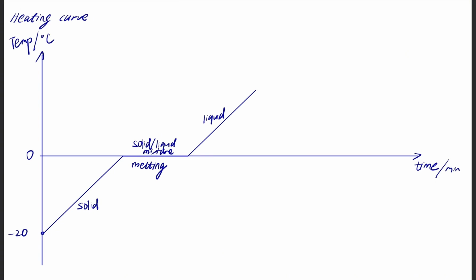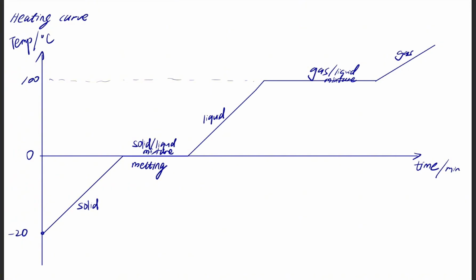Then the temperature increases again, until, in standard conditions, 100 degrees, then it will become gas. Liquid-gas mixture. And then it will become water vapor in the gaseous state. So take a few moments to appreciate the heating curve.